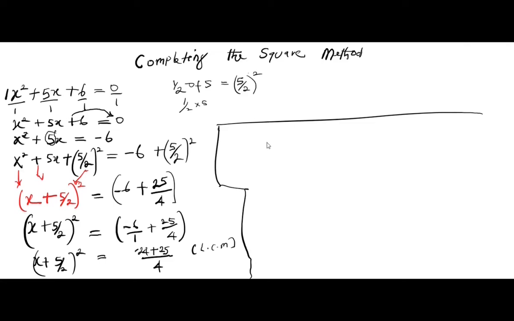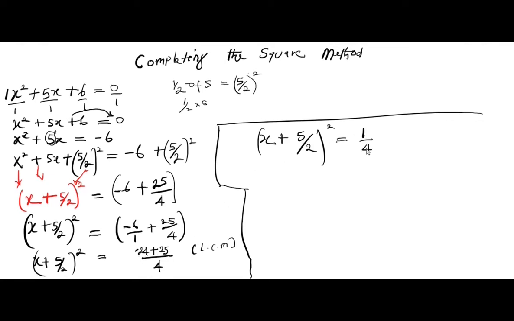Let's continue here, we have x plus 5 all over 2 all in squared equals to 1 all over 4, because negative 24 plus 25 is 1.